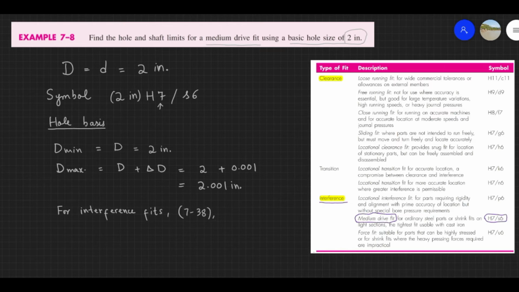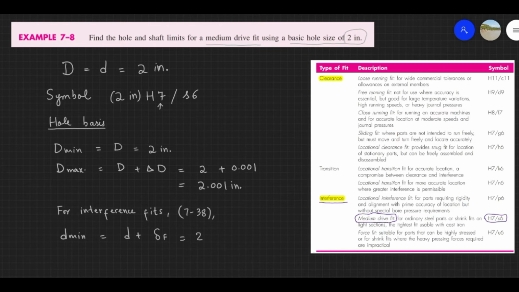So it is equation 7-38, and this equation states that D minimum should be equal to D plus the fundamental deviation.